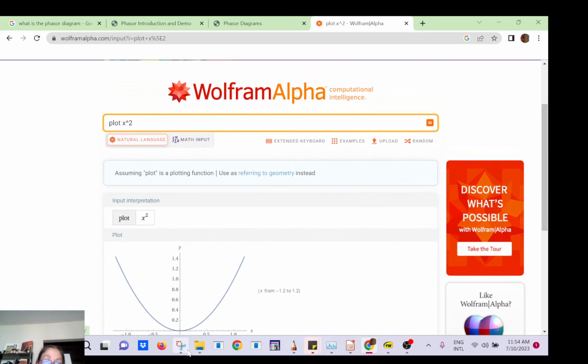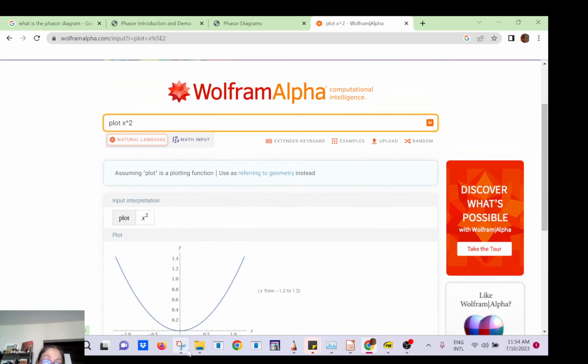So to shift a function, let's say you have a function f of x. Then that same function shifted to the right is going to be f of x minus 1, if you want to shift it by 1. You put a minus.